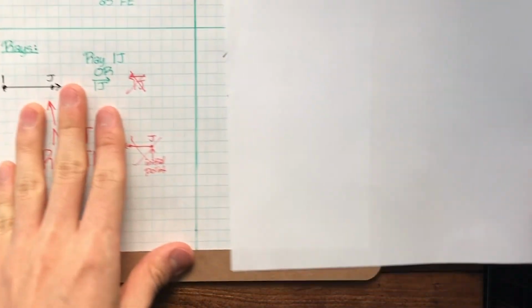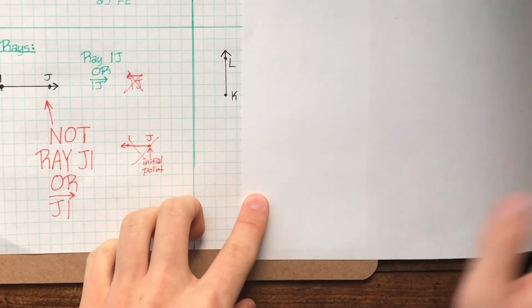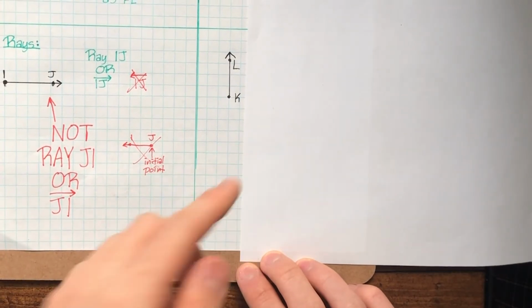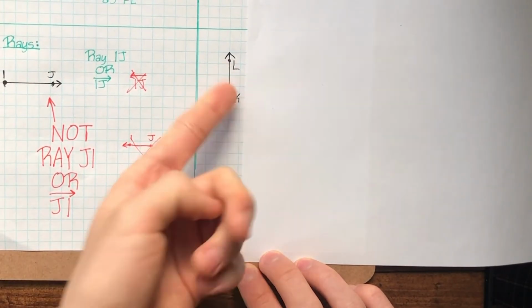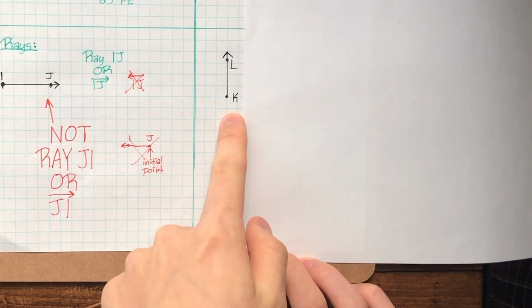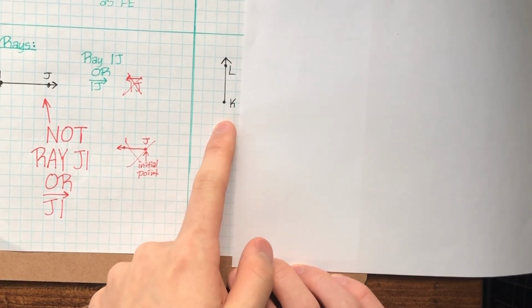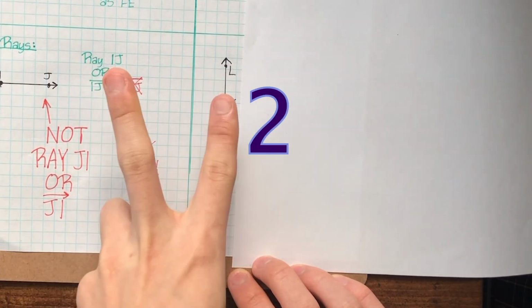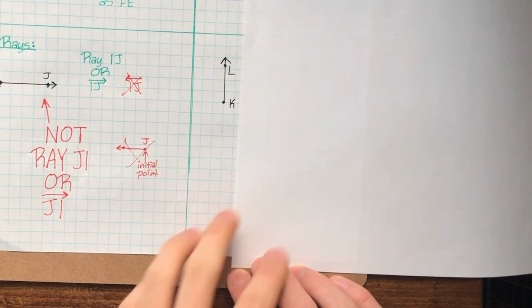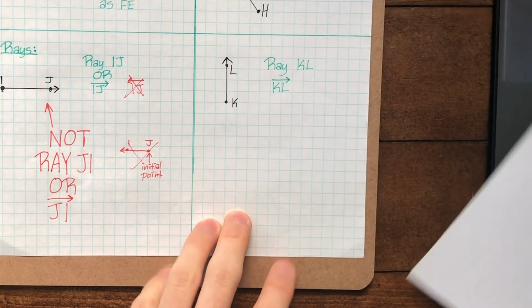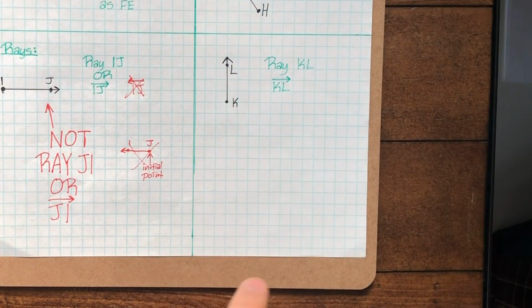Finally, for the last part of this test, we have a ray. So there is technically one possible answer to this. So I'll give you guys another 3 seconds. Once again, just pause if you guys need more time. Okay. So the answer was ray KL.